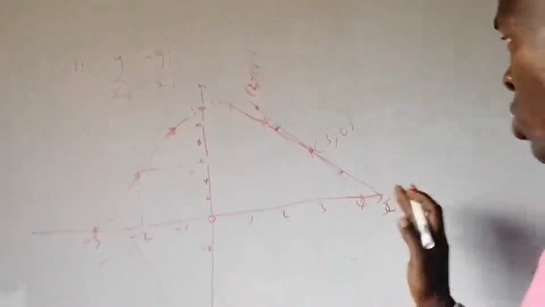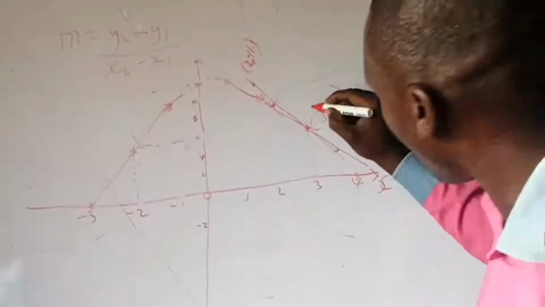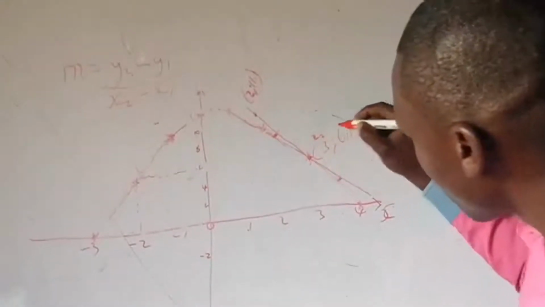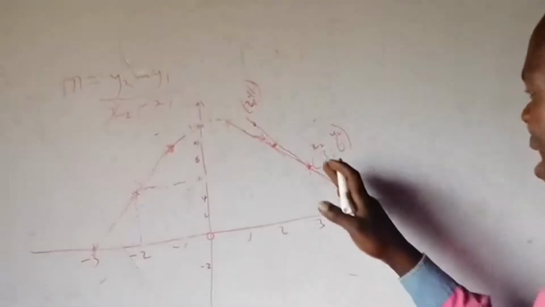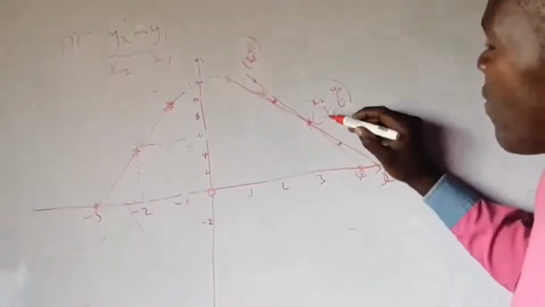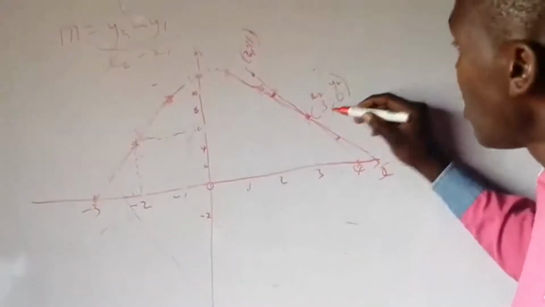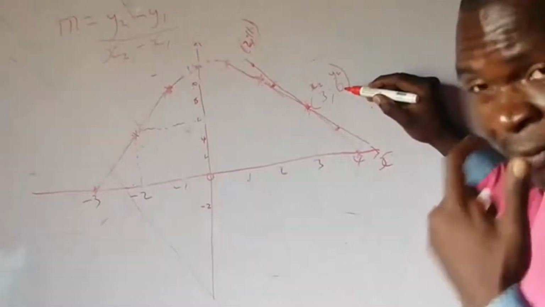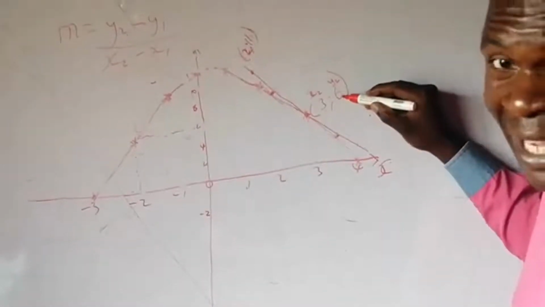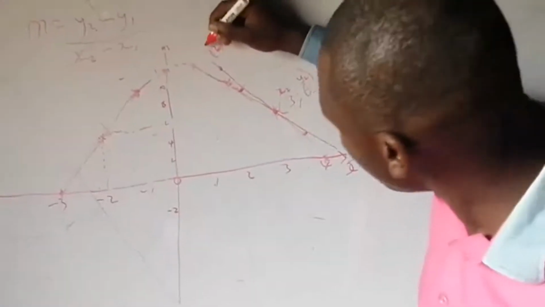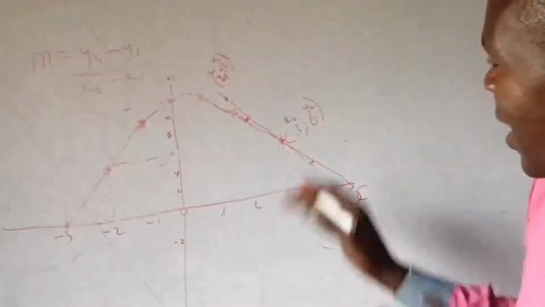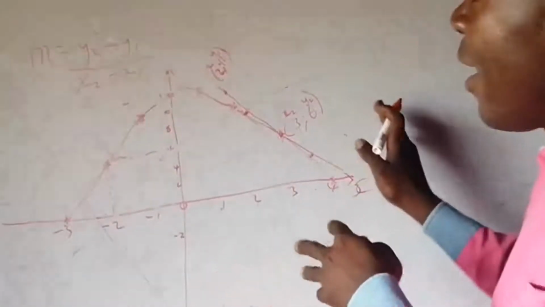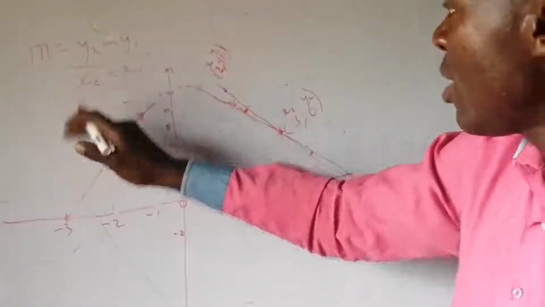So what we do is we just say x2, then y2. Why did I do that? This value is representing the x coordinate. This value is representing the y coordinate. Okay, so here we write x1 and y1.